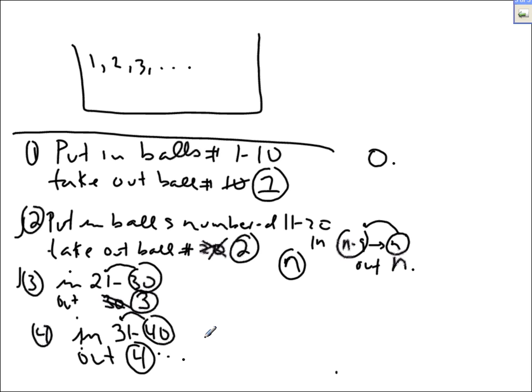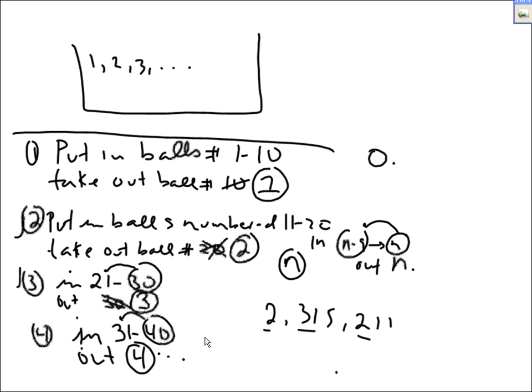Okay, so every ball will be taken out. Ball number 2,315,211 will be taken out in the 2,315,211th iteration step.